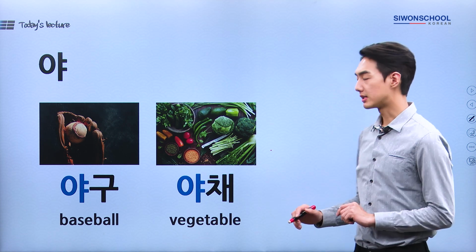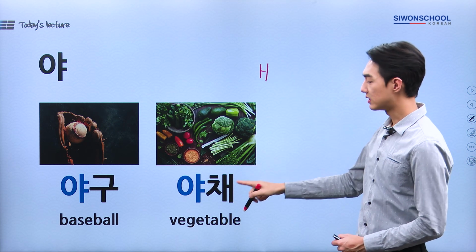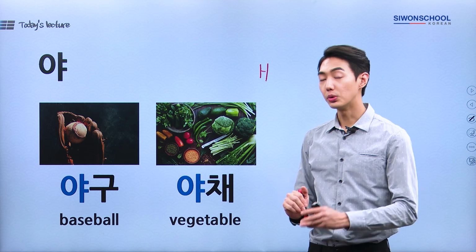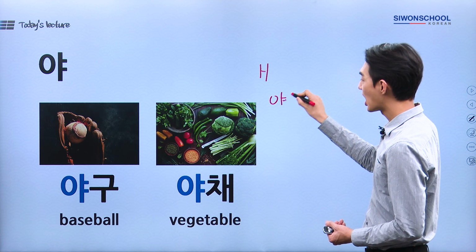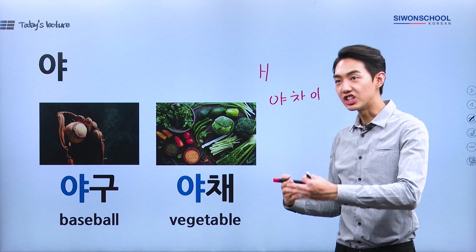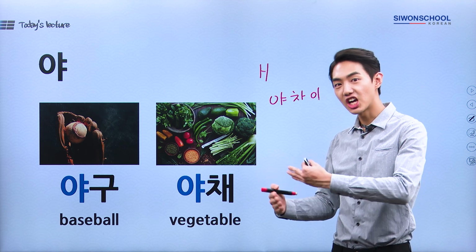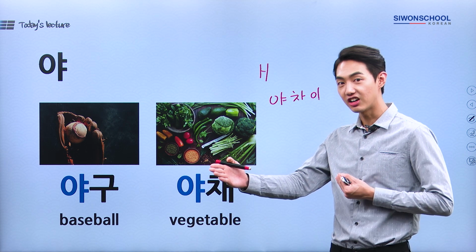Here, I'll give you a little hint. I don't know if this makes sense or not, but if you say 야채 kind of slowly, 야차이, 야차이, like this. 야채, 야차이, kind of similar sound, right?